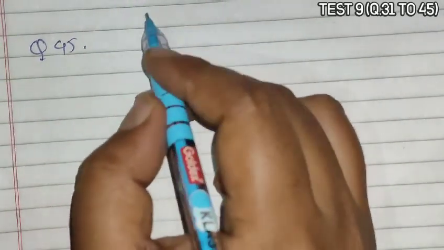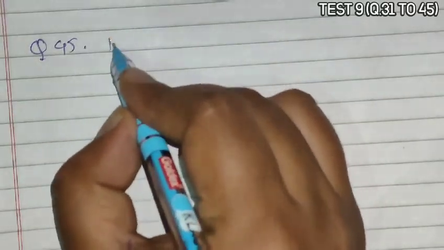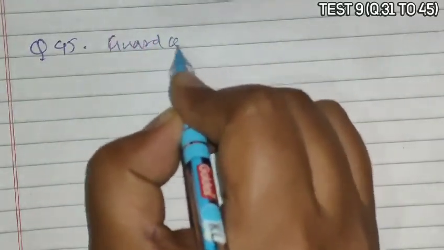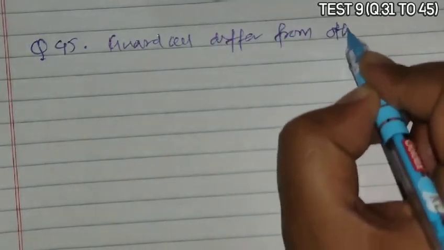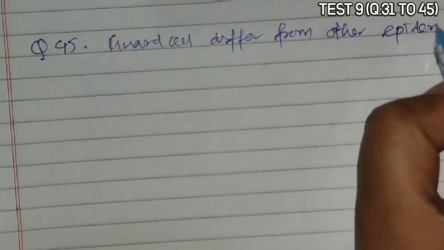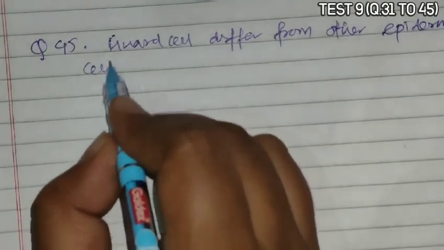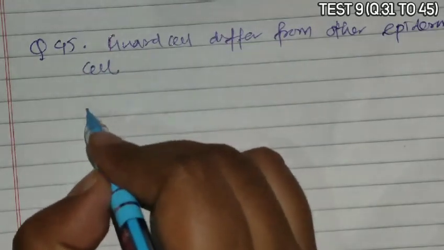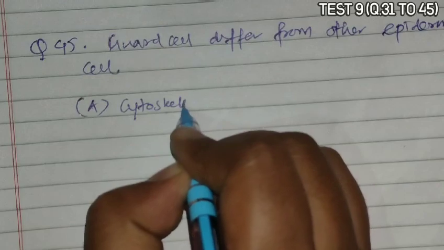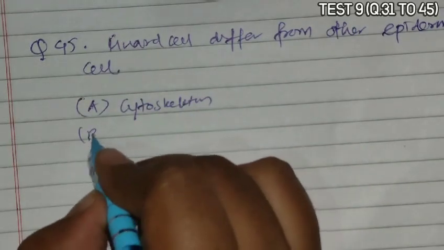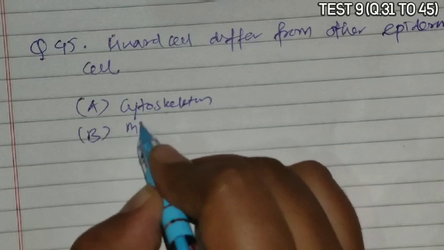Next is question 45. Question 45 asks that in land plants the guard cells differ from the other epidermal cells in having: option A, cytoskeleton; option B, mitochondria.